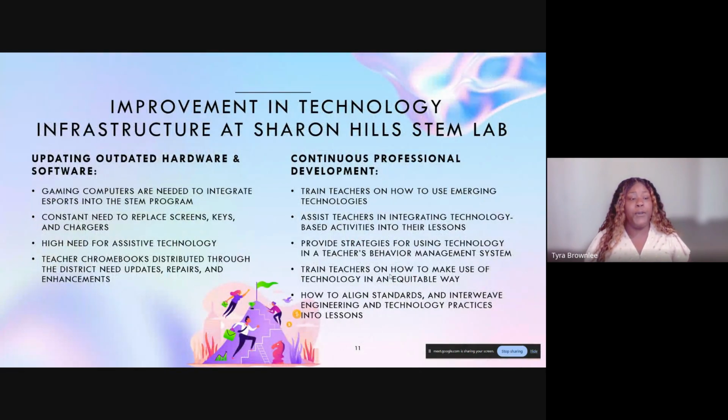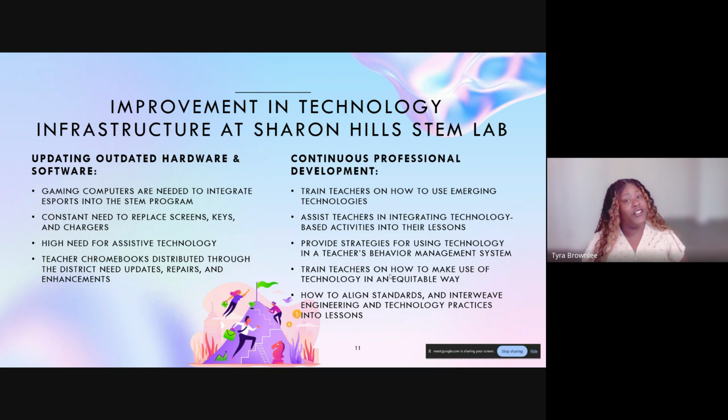Okay, next would be how we improve based on our weaknesses. We would need to update hardware and software for the STEM lab, specifically at Sharon Hills. We are gaining an esports team and we're jumping into STEM with esports.